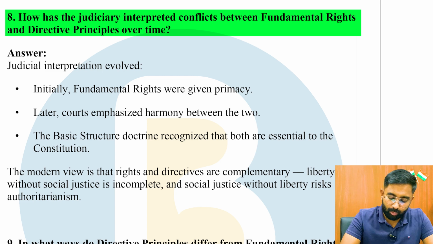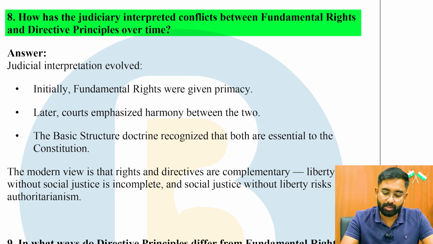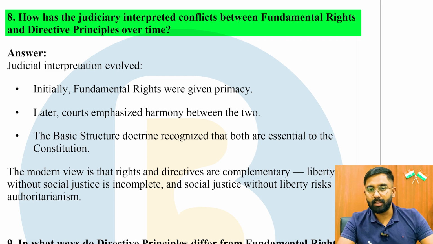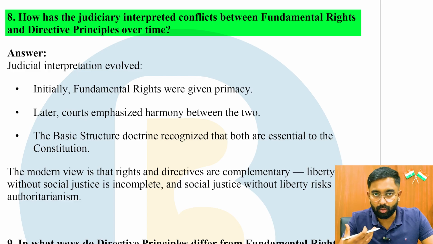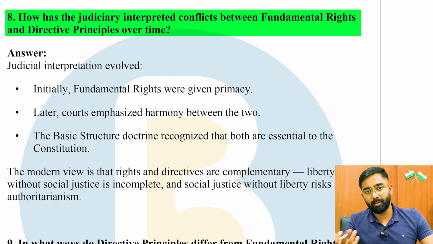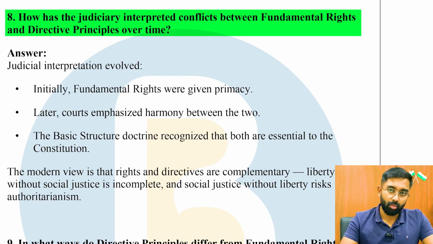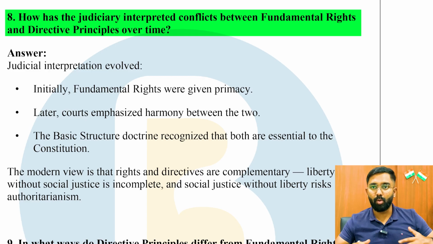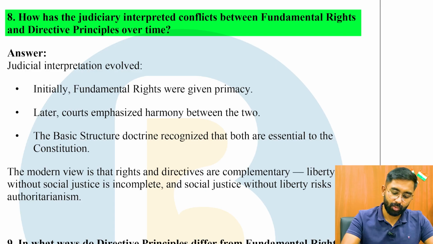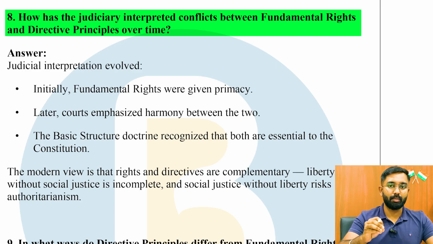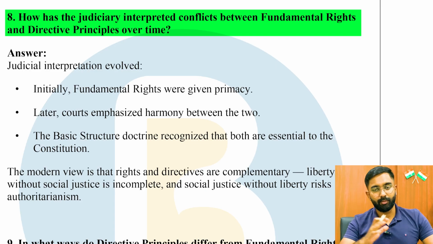Means only those socialistic principles under Article 39B and C, which if they wanted to implement, they could have amended a fundamental right, now was made wider. Earlier it was specific to 39B and C, now it was given for the entire DPSP.